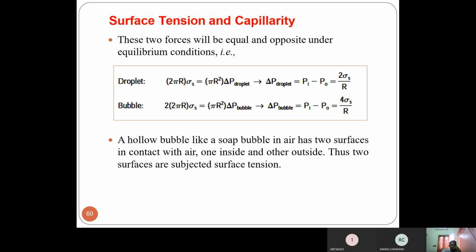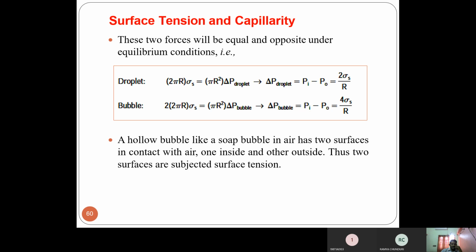Pi gets cancelled, r gets cancelled. So what remains? 2 sigma s is equal to delta p r. The pressure difference is the inner pressure minus the outer pressure. By cross multiplication, we get Pi minus P naught is equal to 2 sigma s by r.